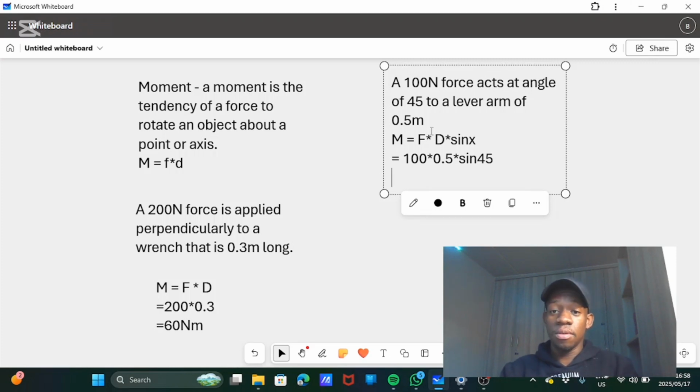The answer we get is 35.35 newton-meters. So this is an example of how we calculate moment.